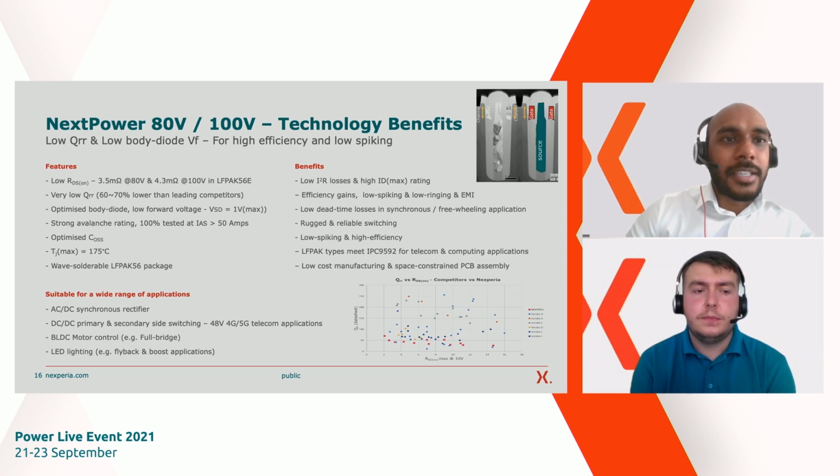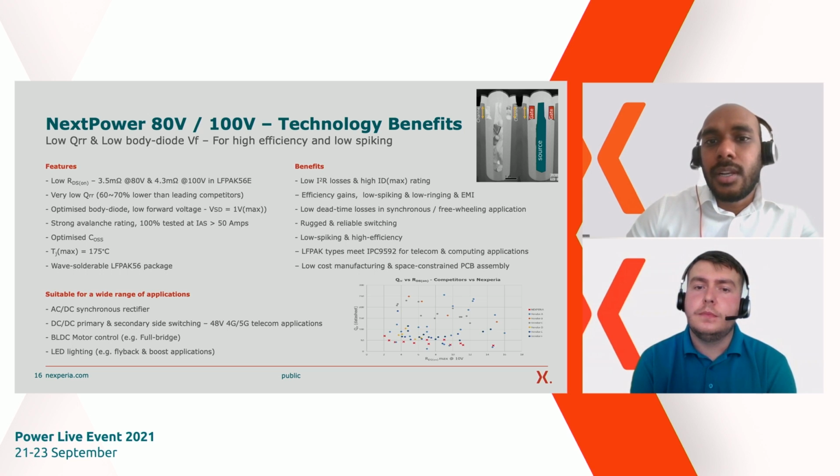And the NextPower 80 and 100 volt portfolio is rated to 175 degrees. What this allows us to do is meet the IPC 9592 standard for telecom and computing applications. And our LFPAK, as you are all probably familiar by this point, is wave solderable, which keeps the manufacturing cost low, especially in space-constrained PCB assembly applications.